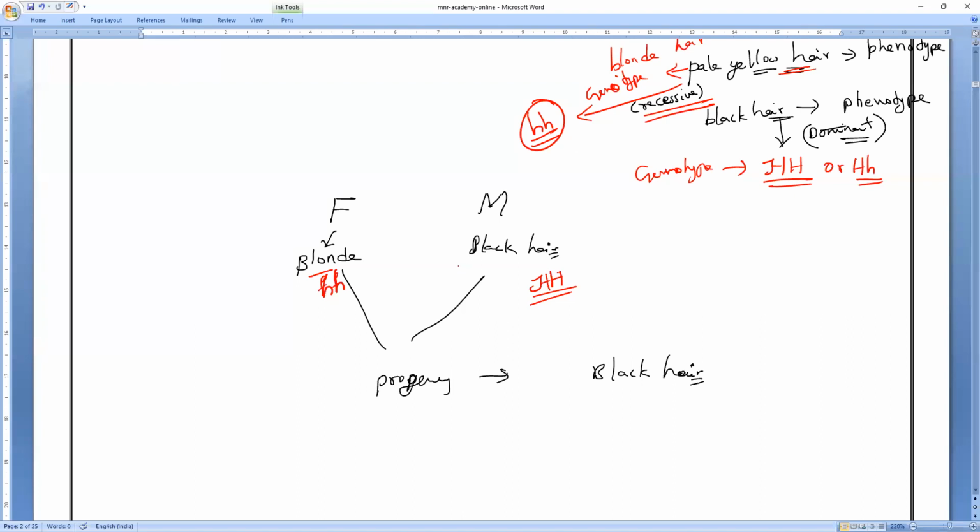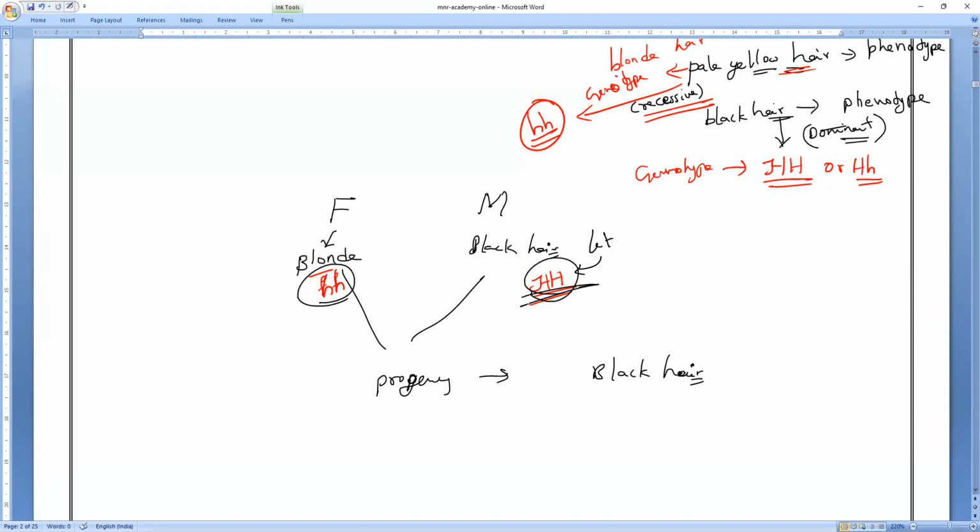Now, as we know, is capital H a dominant gene or a recessive gene? Dominant. So the father cell contains two genes of small h, and the mother cell contains capital H. The father has blonde hair because of the recessive one.